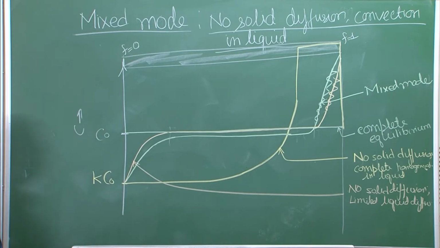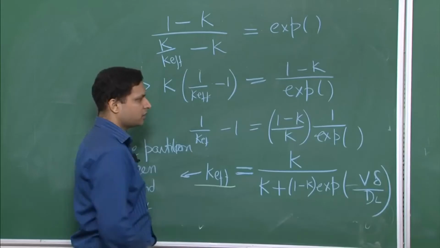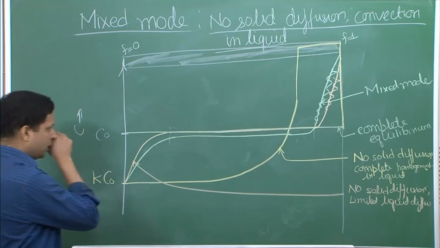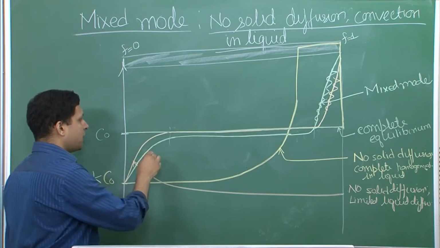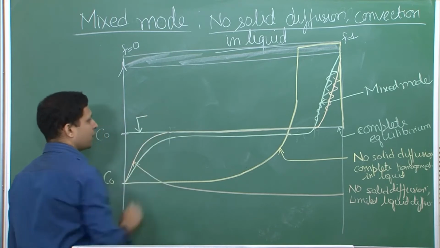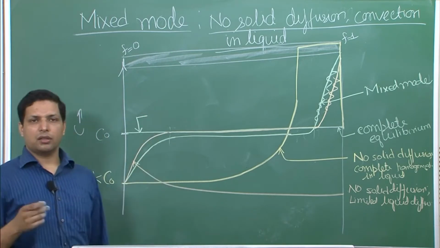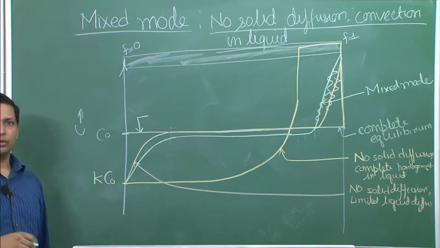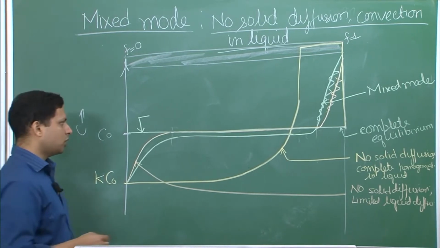Now another thing is, we looked at this K effective. K effective is the equilibrium or the effective partition ratio. Now if you look over here, what can you say is the effective partition ratio for this particular condition? This is where the concentration of the overall alloy was C0 and the overall concentration of the solid was also C0.